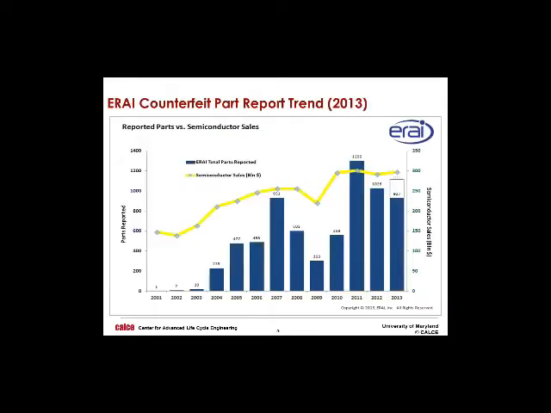A bigger data source has been ERAI, and this is a slide that Mark Snyder of ERAI presented last December, which roughly shows an order of magnitude higher, but still about 1,000 or so per year in recent years in counterfeit parts reporting.